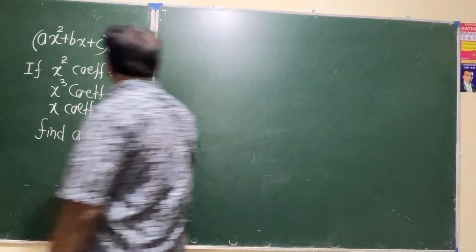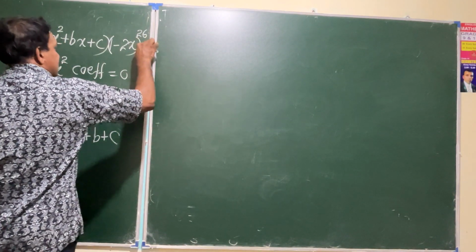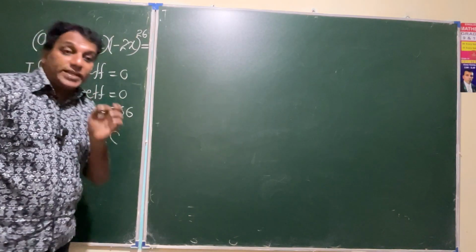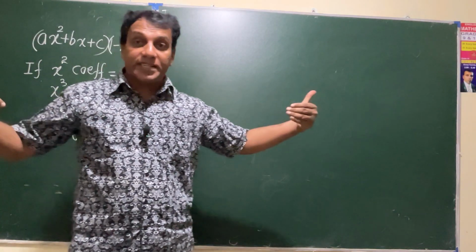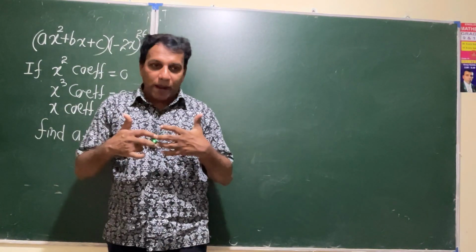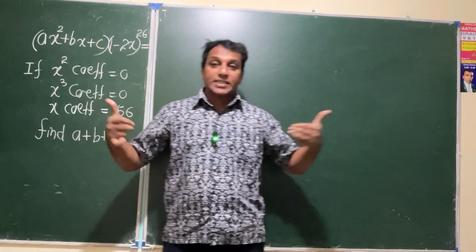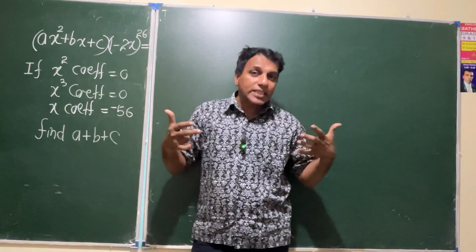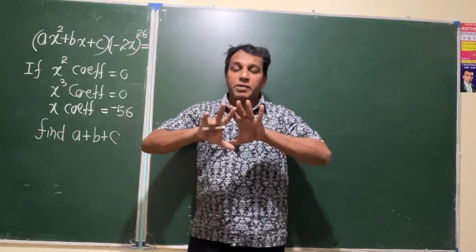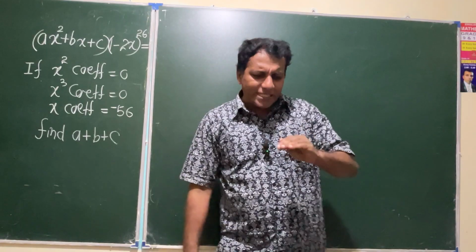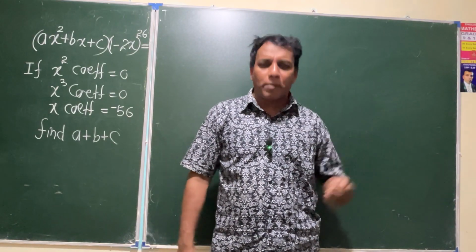Okay, see my method. If you expand power 26, there are 27 terms. If you expand power 5 completely, a binomial, there are 6 terms. If you apply the expansion to power n, it becomes n + 1 terms. Whatever the minus comes, it is a plus-minus format.